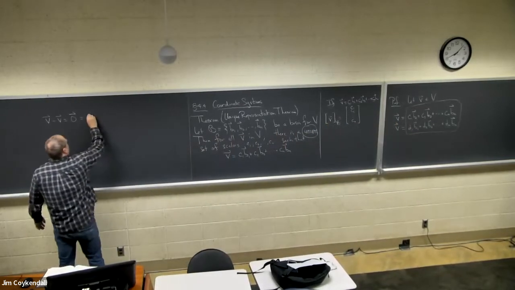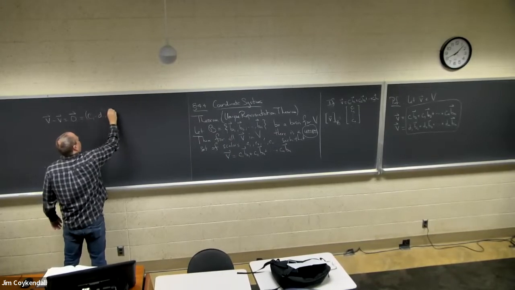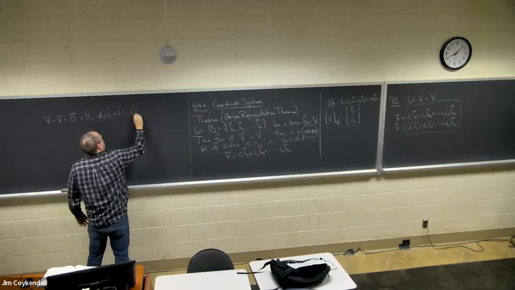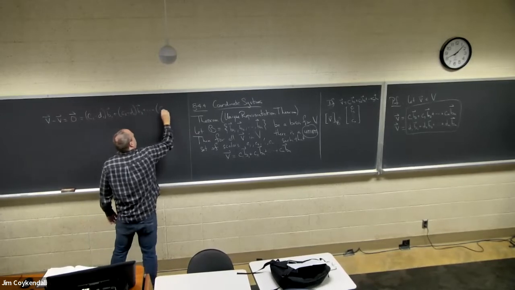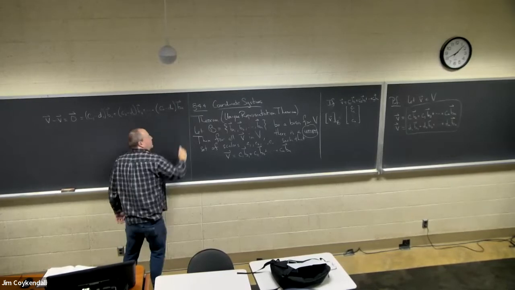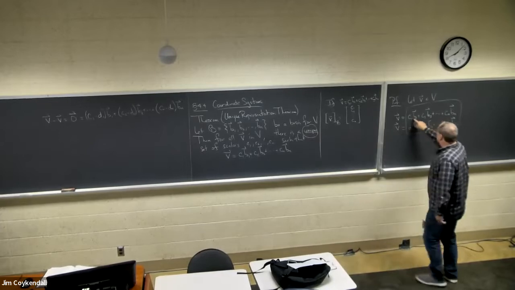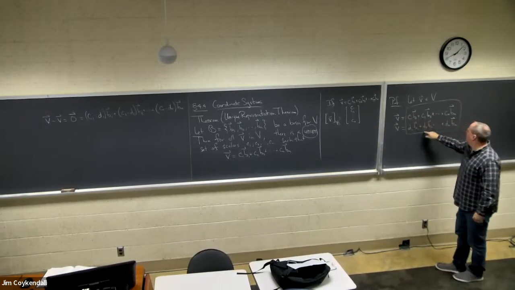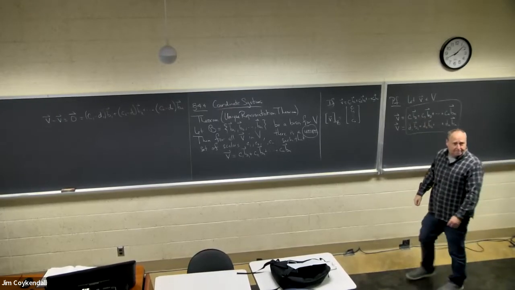Tell me if I go too quick on this, but everybody see how I got this? This minus this, c1 minus d1, this minus this, c2 minus d2, and so on. So everybody okay with that?